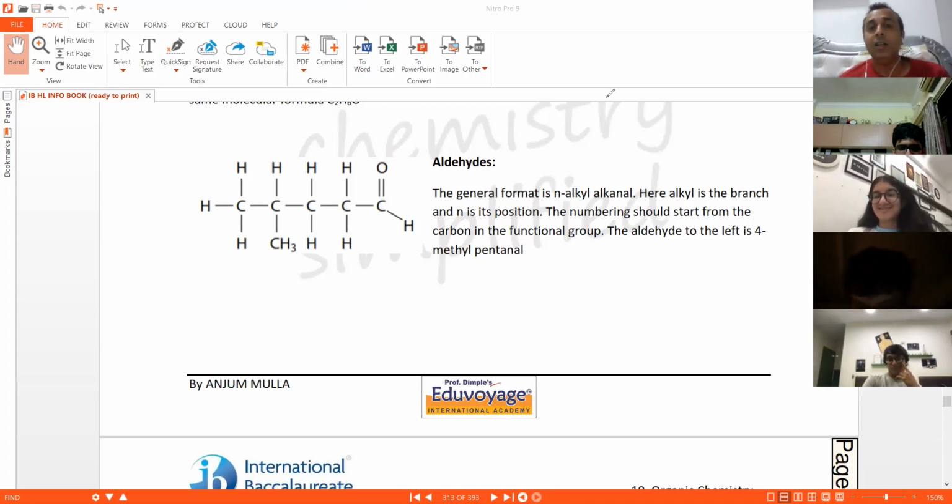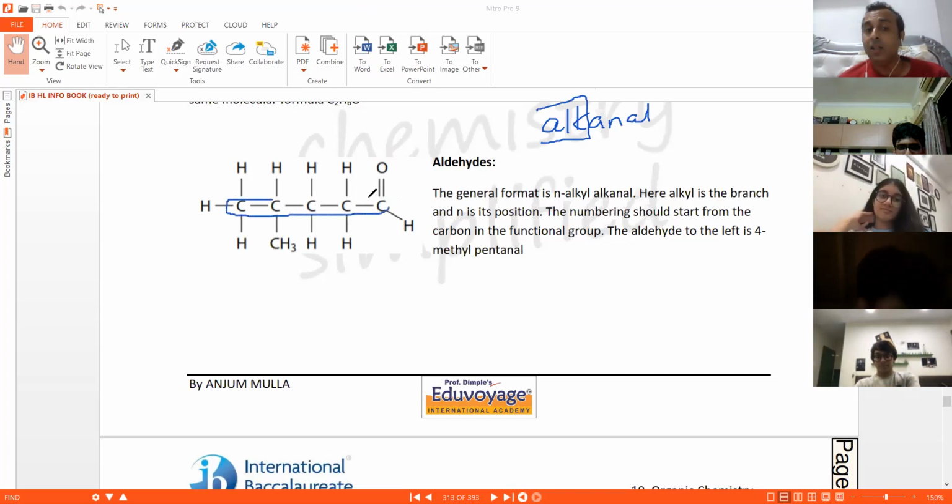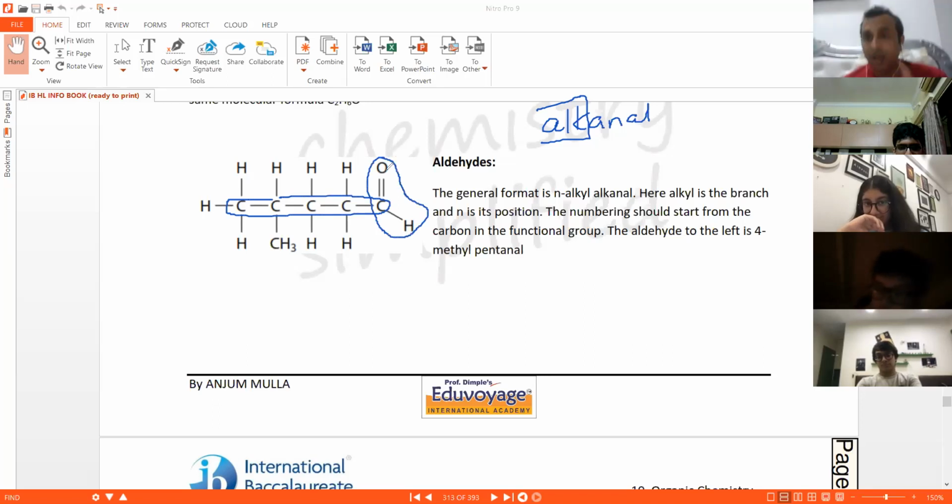Okay, so aldehyde, the general name is alkanal, where this alk is the number of carbon atoms in the chain, including the carbon in the functional group. CHO का carbon atom मिला के total number of carbons is 5.